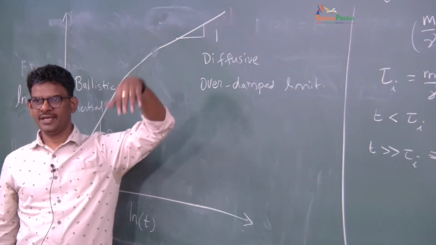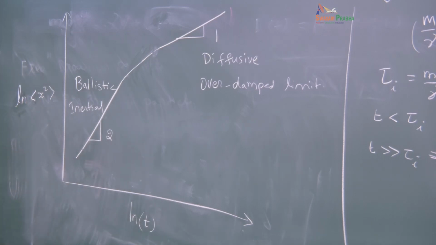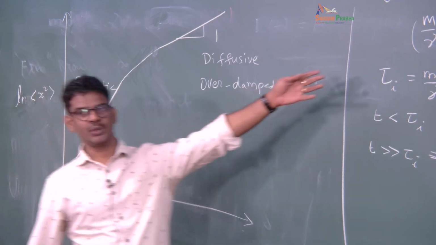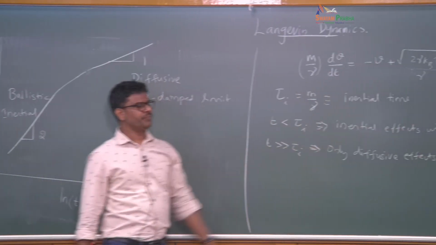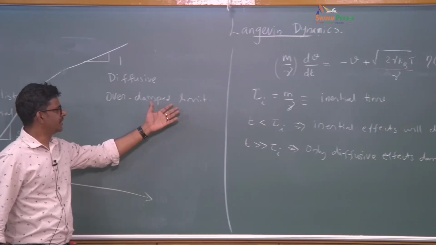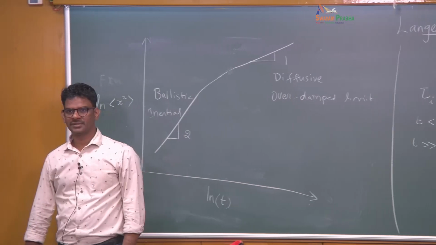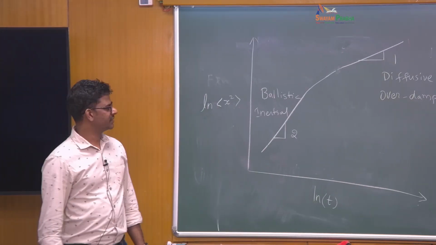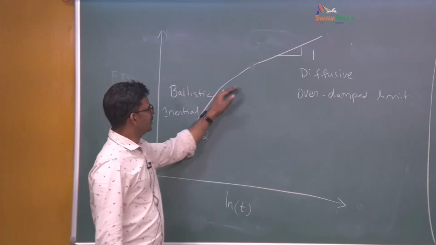Because this is related to nonlinearity and overshoot, how we analyze a second order differential equation. This is a second order differential equation with respect to x. In the case where this inertia dies out, you will see a damped response, and that's why we call it an over-damped limit.